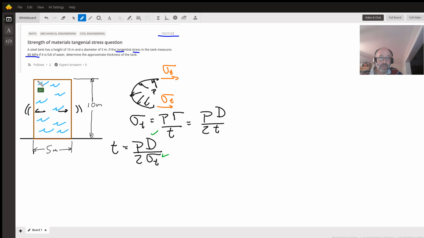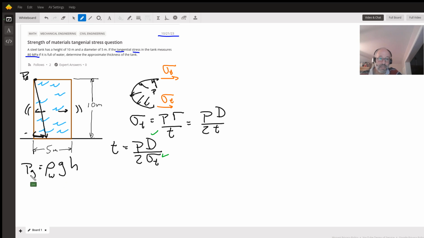And so if we look at water, what we'll see is the pressure starts out at roughly the atmospheric pressure, and it builds as we go down. The gauge pressure at the bottom will equal the density of the water times G times the height of the water.